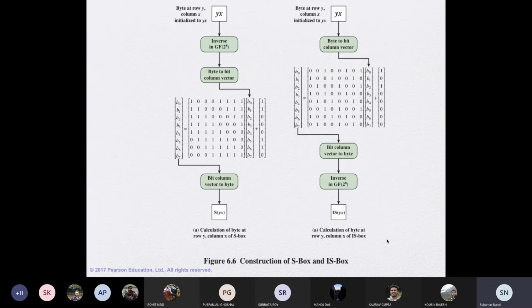Here the substitution matrix is based on the inverse. Between these two substitutions, DES and AES, there are some differences. Please read these two thoroughly. Where are the differences between DES substitution and AES substitution? Look into that. You may expect some questions from this.